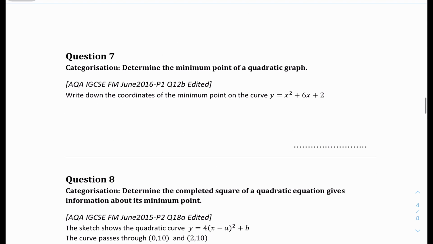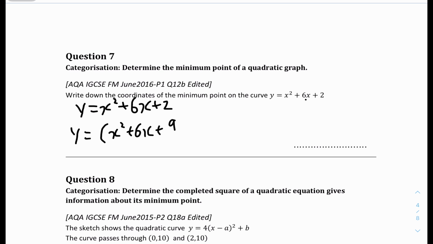So question 7, write down the coordinates of the minimum point on the curve this. So we have to do completing the square to get y equals x squared plus 6x plus 2, which if you complete this way, it will be y equals x squared plus 6x. You'll do 6 divided by 2, which is 3, 3 squared, 9, plus 2 minus 9, which is (x plus 3) squared, and it will be minus 7.